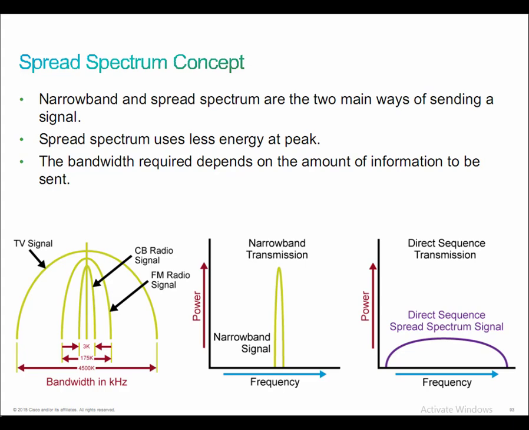So 2.401 to say 2.423 gigahertz. So that means we have a 22 megahertz wide channel. So if the interference that affects the emissions at 2.412 gigahertz happens, the message that gets sent around the distributed frequency is probably going to be heard because we're getting it from other frequency ranges.